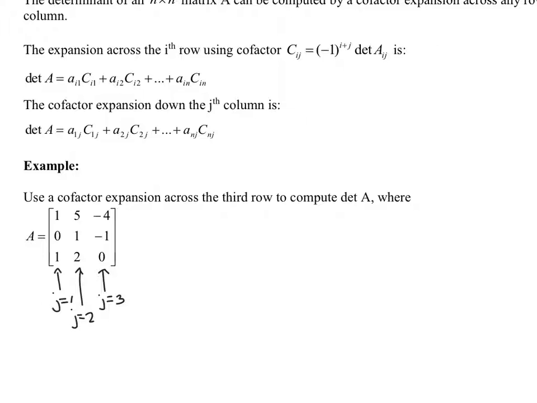All right, so -1 to the 1 plus j, when j is equal to 1, we're going to get a power of 2. Result is going to be positive. All right, then it'll go to negative for j equals 2.